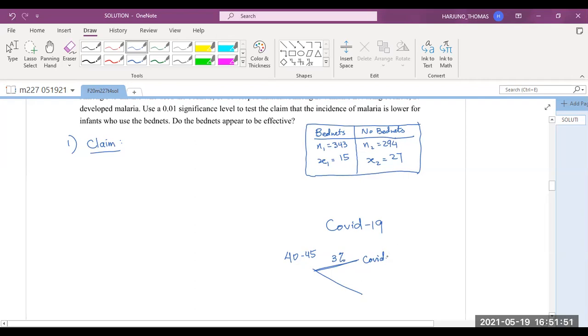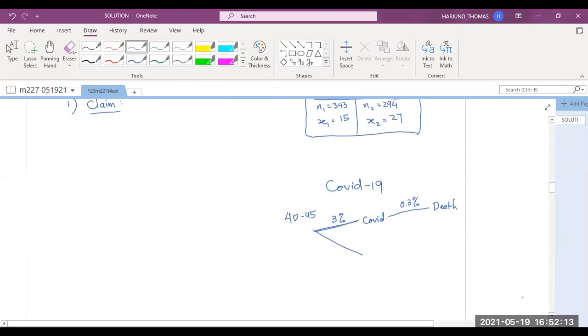And then the probability that for people at my age, if I catch COVID and end up dying, is approximately, I think, 0.3%. It's a very small percentage. The probability that I don't catch COVID and die is still higher. Die because of an accident, let's say.